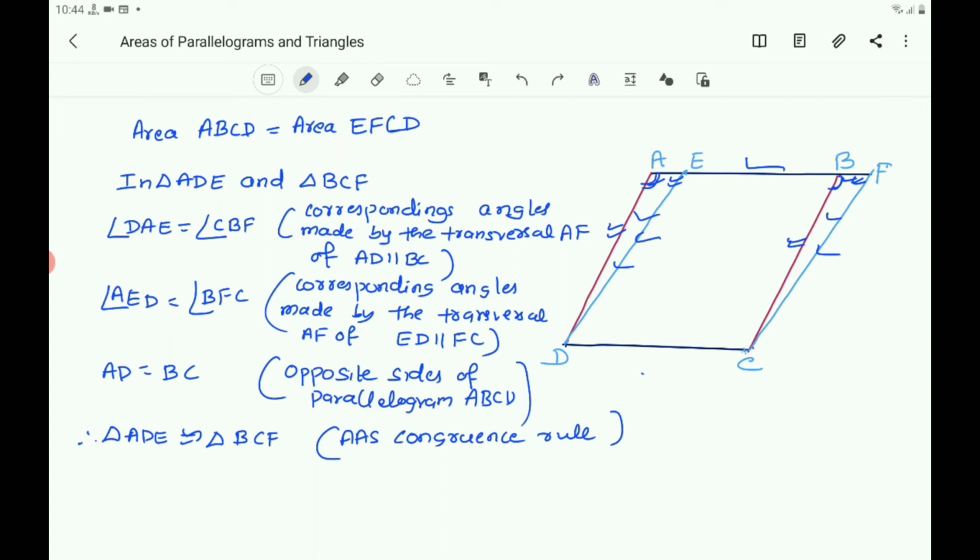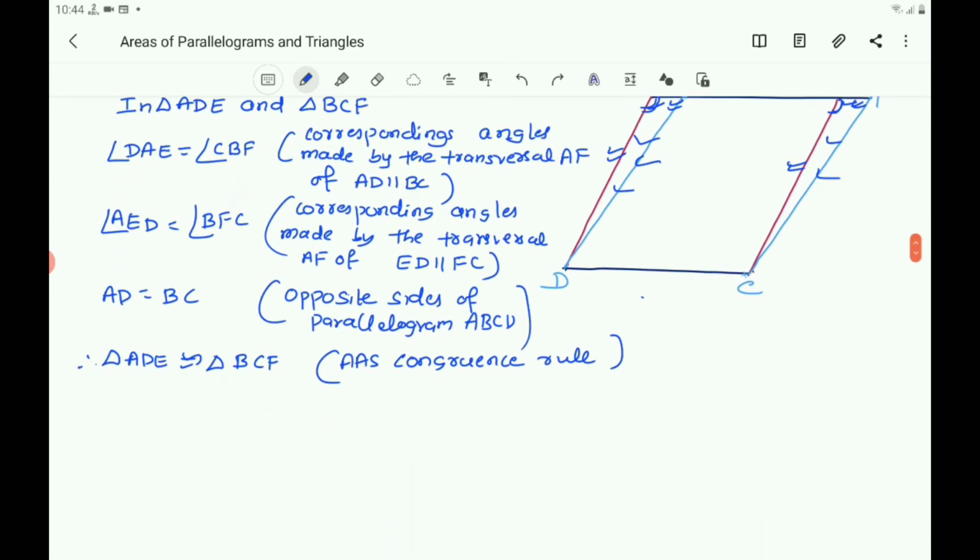Now as they are congruent, you can write that area of triangle ADE equals area of triangle BCF. Why?